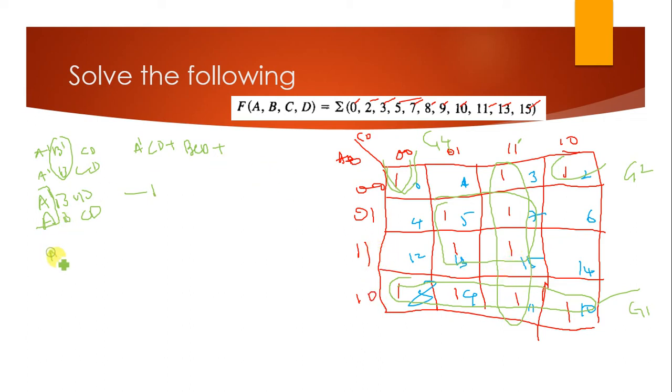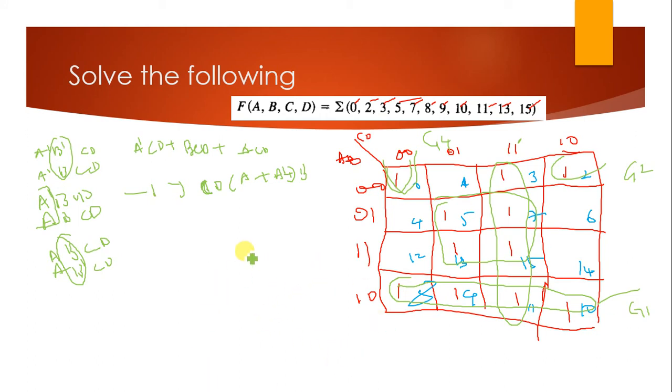That is A, B, C, D and A, B dash, C, D. So B got changed, which gives A, C, D. The output equation is, we take C, D as common, which is A plus A dash plus B. A plus A dash is equivalent to 1.